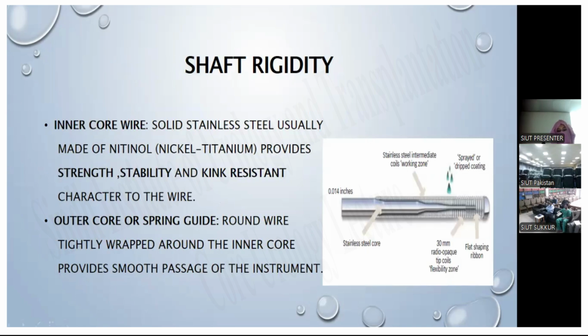The outer core is formed by a tightly wrapped coil around the inner core, and it provides smooth passage of the instrument. The outer part is coiled, and it is radio opaque. You can also see flat shaping, or ribbon-like shaping.